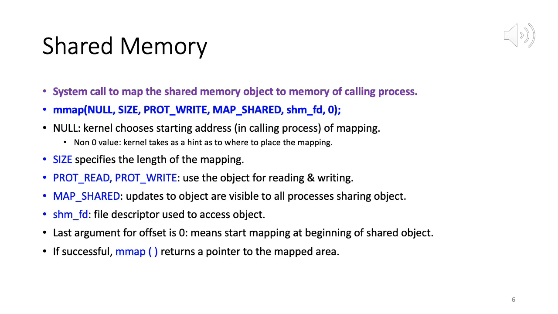If the system call is not successful, it will have to return something which is not an address, perhaps something like -1. So if successful, mmap will do the mapping and return a pointer to that mapping in the calling process.